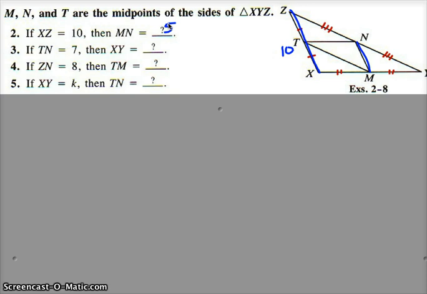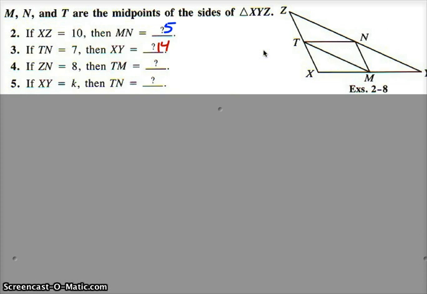Number 3, if TN is 7, how big is XY? Well, connecting the midpoints should be half the distance of the other side. So XY should be double 7, which would be 14.